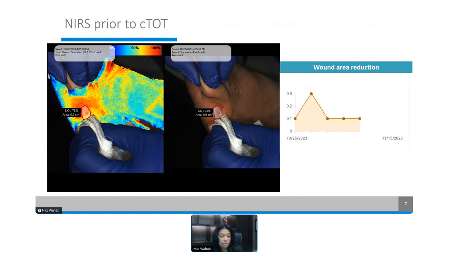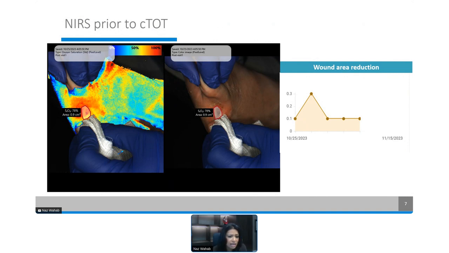Now you can see I have a near infrared spectroscopy camera, so we started taking images to evaluate what was happening. This is an image prior to the application of the topical oxygen. To orient everyone, this is one view on the left-hand side of the O2 sat of the skin.